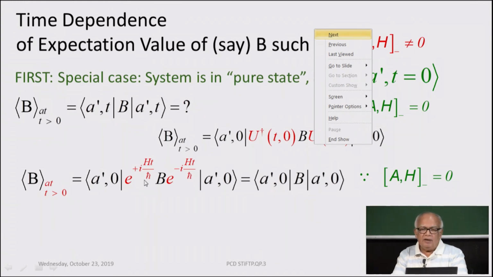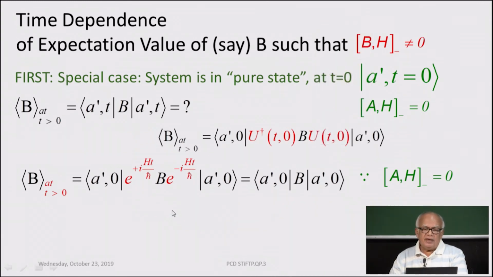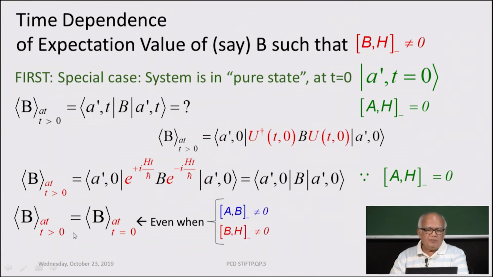And that gives you a wonderful result that the expectation value of this operator, even when it does not commute with the Hamiltonian, at a later time remains the same as it was at the initial time, even if B does not commute with H, and even if B did not commute with A.